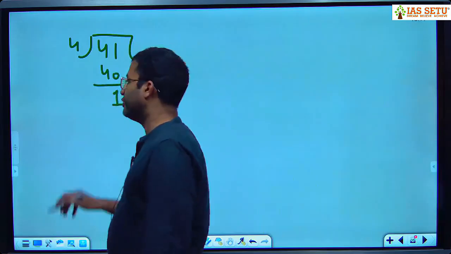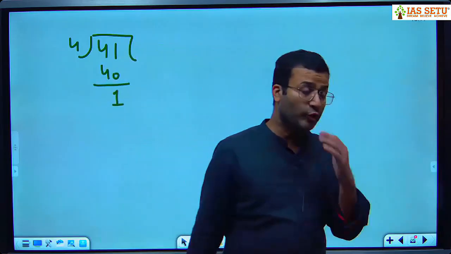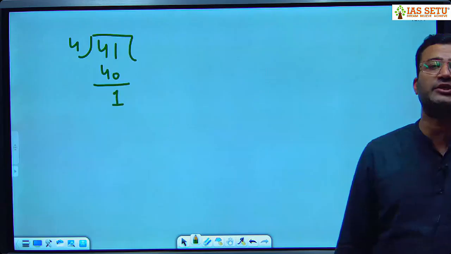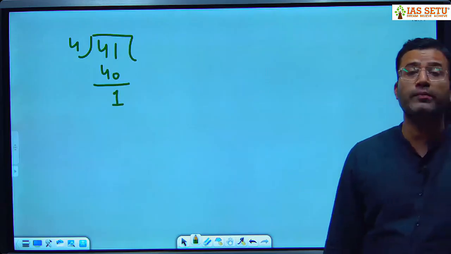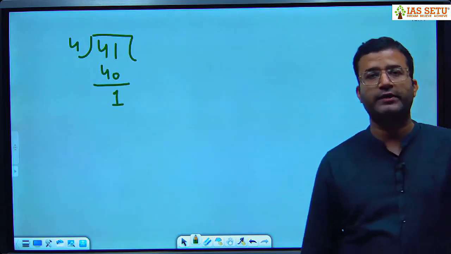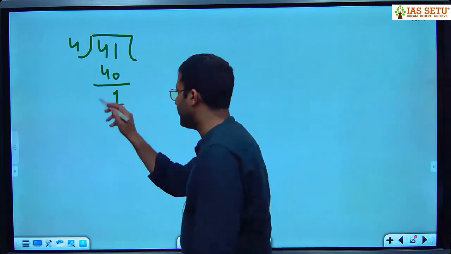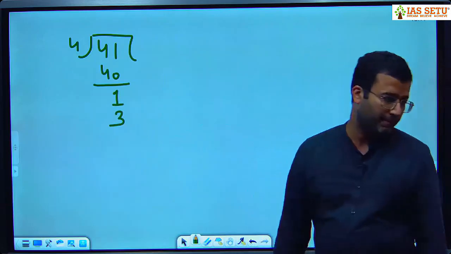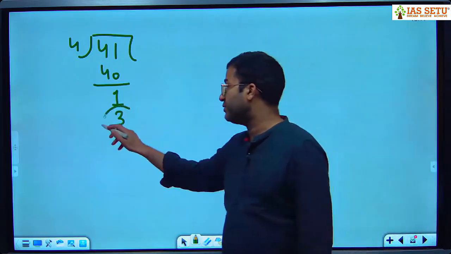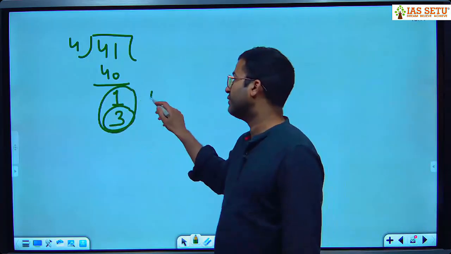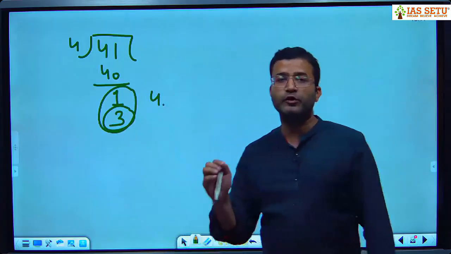Now you are left with 1. How do you communicate? You say you have 1 extra chocolate. But according to me, you have 3 less chocolates. You can purchase 3 more chocolates. 1 plus 3 becomes 4, and you can give these 4 chocolates to someone.